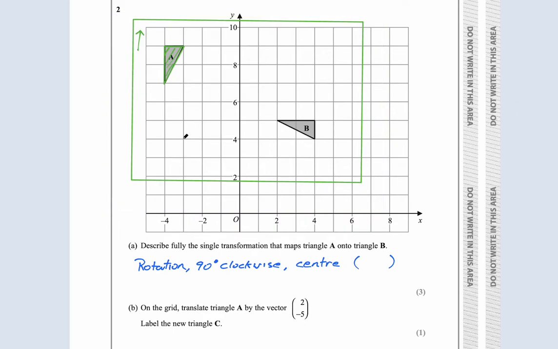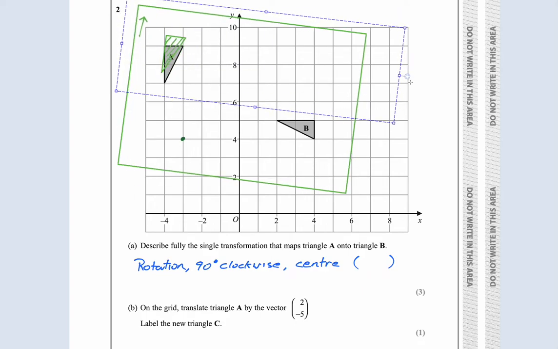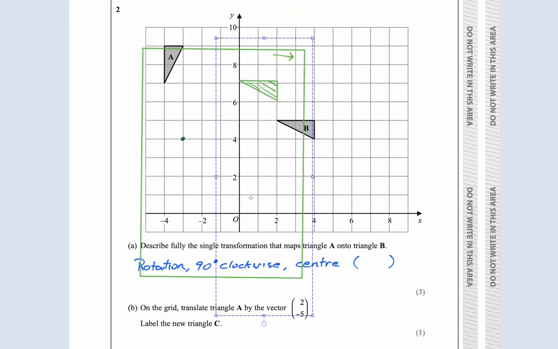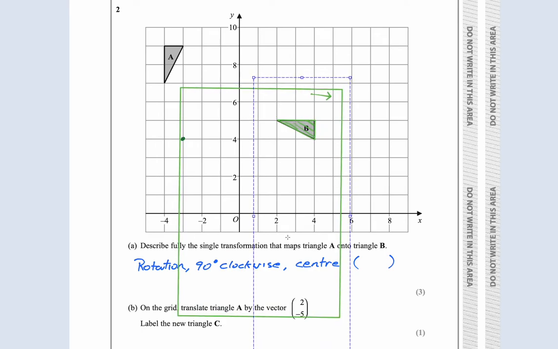There are various ways to do this with drawing straight lines and stuff, because the easiest way is you stick your pencil into the page, and then you twist, or you turn, or you rotate the tracing paper to the right. And when you do it, if you've put that in the right place, this will line up perfectly with B, and then you know you're right.